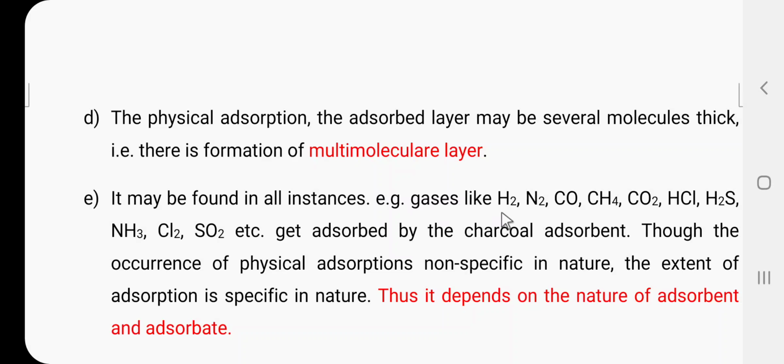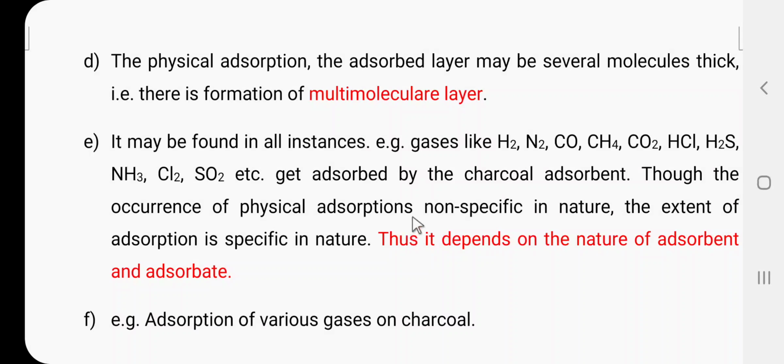Example: gases like H2, N2, carbon monoxide, methane, carbon dioxide, HCl, H2S, NH3, chlorine and sulfur dioxide all get adsorbed by the charcoal adsorbent. Though the occurrence of physical adsorption is non-specific in nature, the extent of the adsorption is specific.